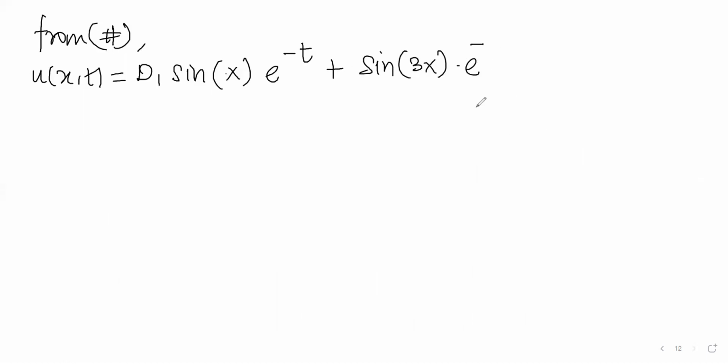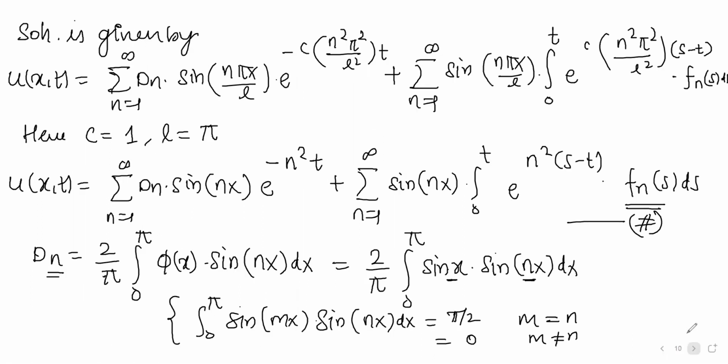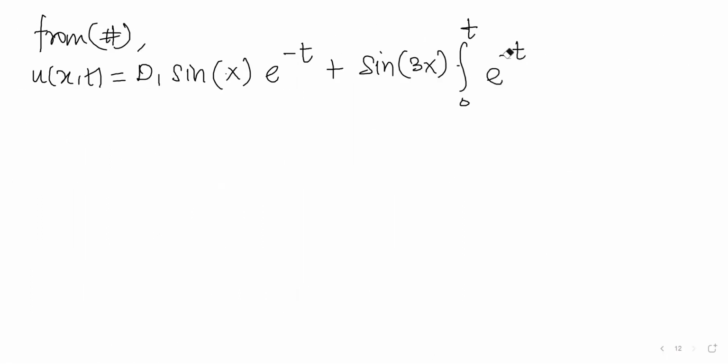Into e power, oh I'm sorry, integration. So integration 0 to t, e power minus n square into t minus s, so e power minus 9, 3 square, right? So it will be 9 into t minus s, into f3 of s. Now let us substitute. So d1 is 1, so no need to worry about anything.